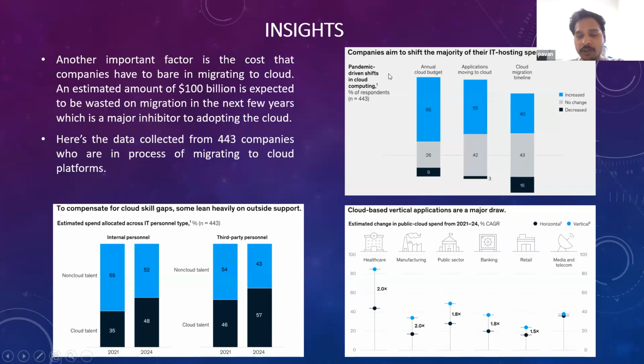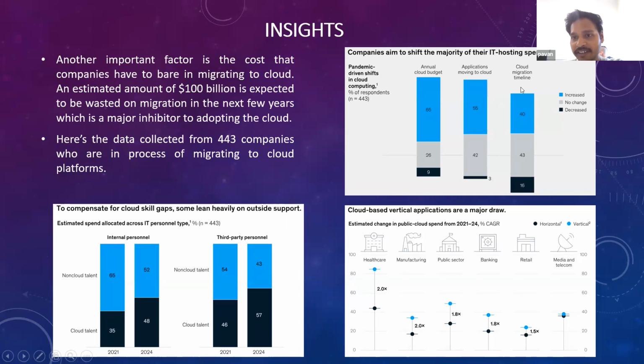In the first picture, it shows that out of 443, the companies aim to shift the majority of IT hosting spend to the cloud. 65% of the companies increased the annual cloud budget, 26% had no change, and 9% decreased their budget. 55% of the companies increased their application moving to the cloud, 42% didn't change, and 3% reduced it.